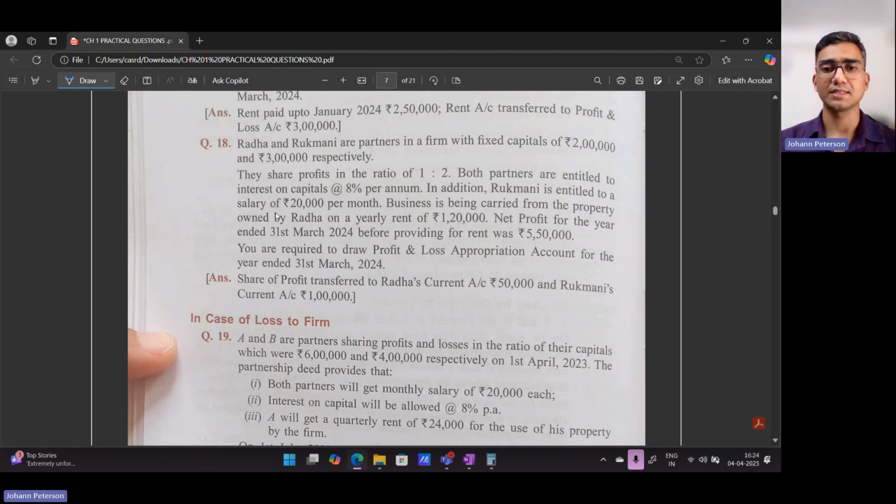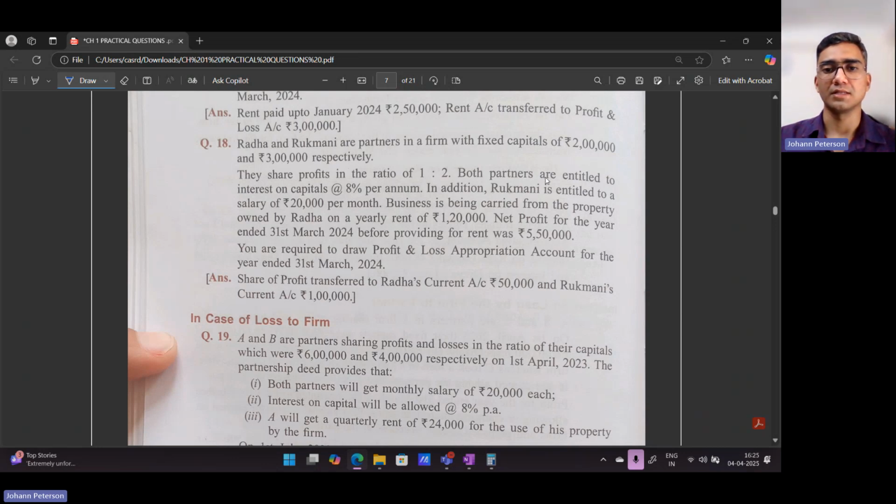In addition, Rukmani is entitled to a salary of 20,000 per month. Business is being carried from the property owned by Radha on a yearly rent of 1 lakh 20. Net profit for the year ended 31st March before providing for rent was 5 lakh 50. You are required to draw a P&L appropriation account for this year.